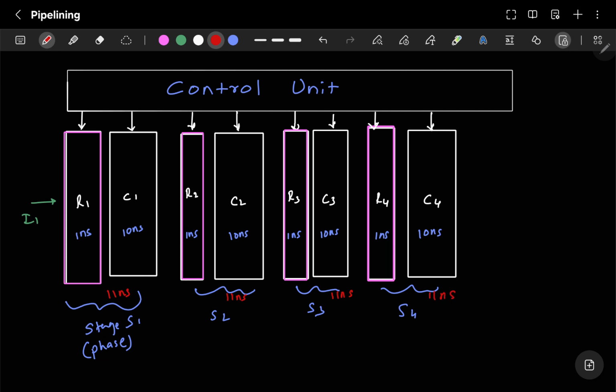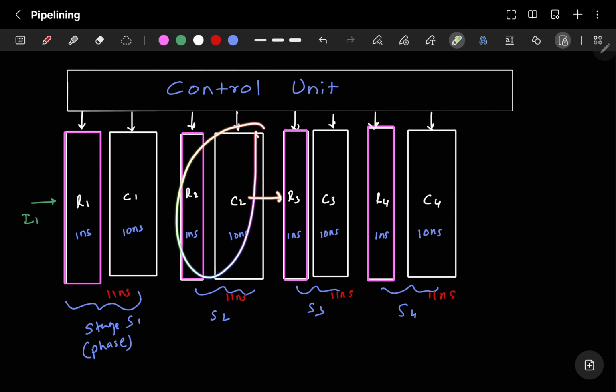So what does it mean? If any data gets inside a particular phase, it has to take 11 nanoseconds to complete its process in that phase. Only after that will it move to the next phase, and there it will again take 11 nanoseconds to complete its process.